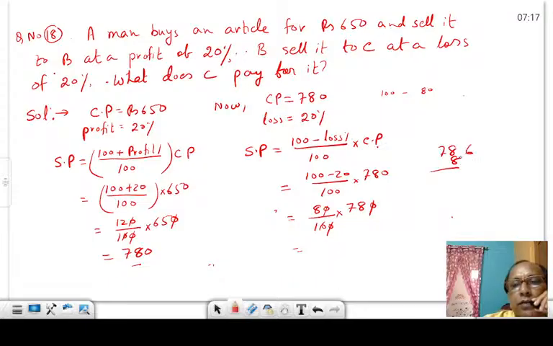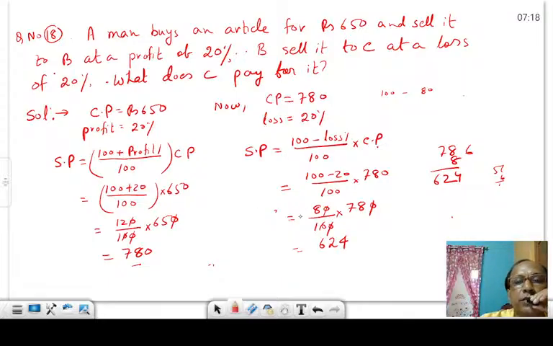This 0 will cut, this 0 will cut, and we are getting 78 into 8, which gives 624. That we are getting 624. This is the selling price of it.